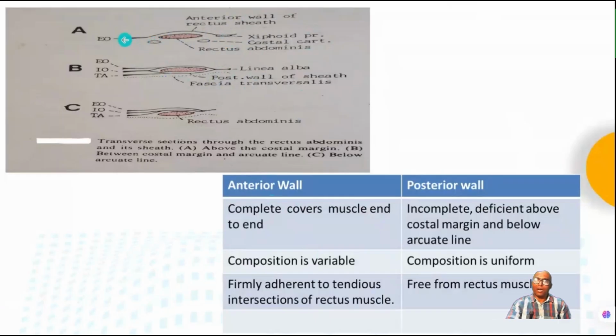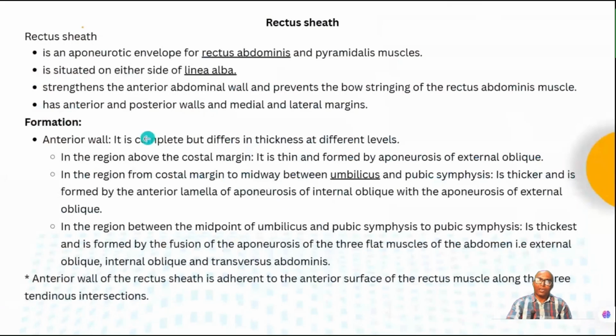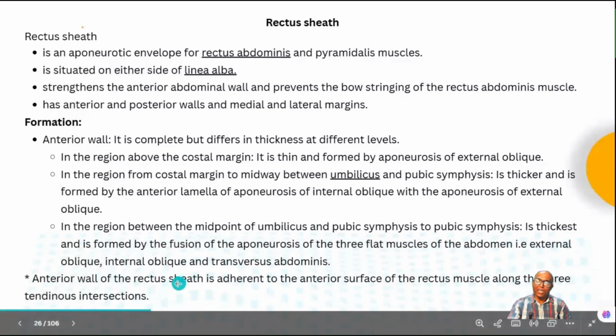Above the costal margin, you can remember just one thing: in the anterior wall, the formation is variable. Above the costal margin it is thin, then becomes thick, and then becomes thickest. Thickest is down below, between the midpoint of the umbilicus and the pubic symphysis, where all three aponeuroses go anteriorly.